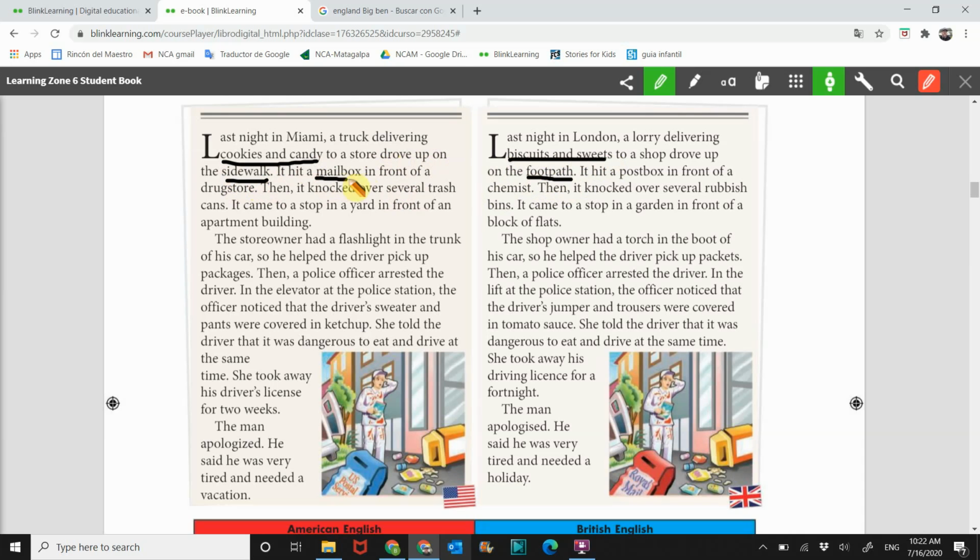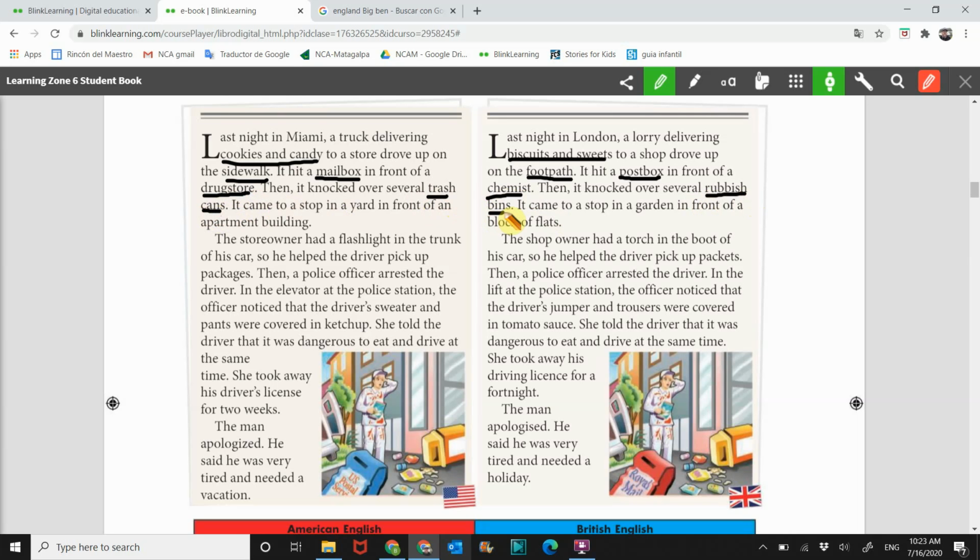All right, then another difference, mailbox, post box, and then drugstore and chemist. These are both for pharmacy. We would say drugstore is more common than pharmacy, and in England they say chemist. Trash cans, they say rubbish bins.